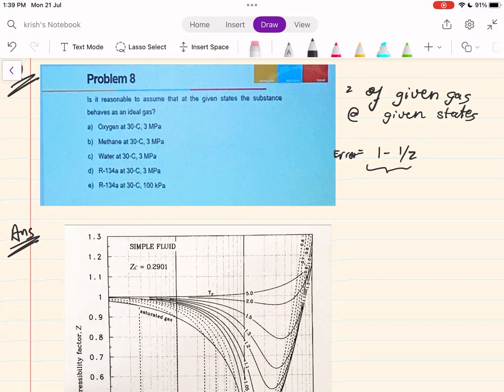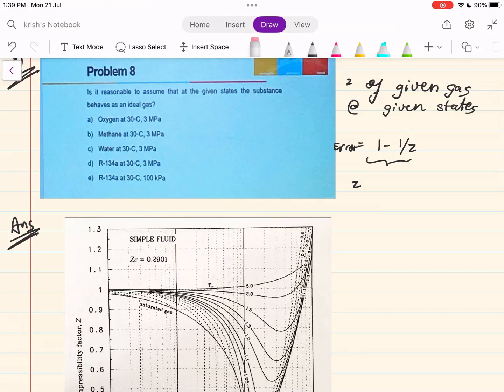Or if we find even Z, and it is very, very far from 1, we know that the closer it gets to 1, the closer it gets to ideal gas behavior. So if it is very far from 1, then we will be able to tell if we can use it as an ideal gas or not, right?